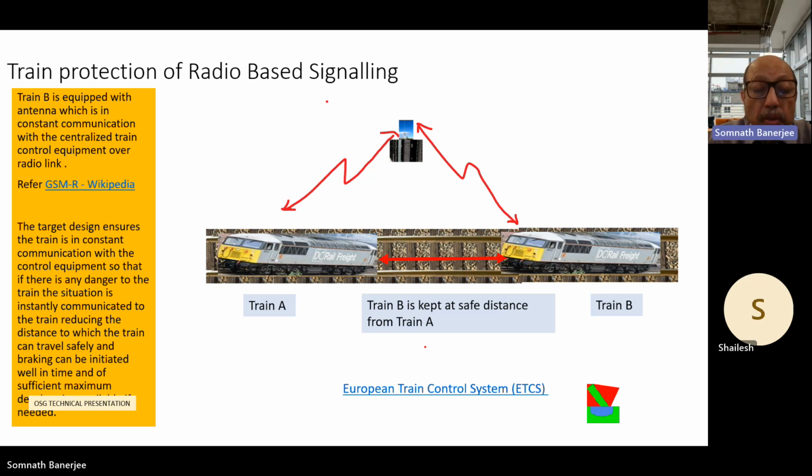Consider the more generalized diagram of radio-based signaling, where each of the trains is provided with radios.